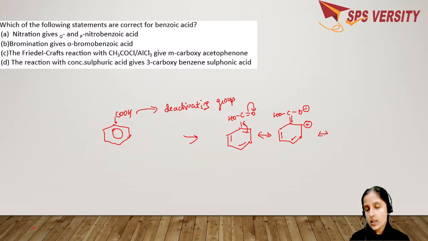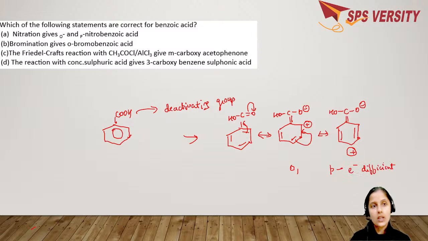And when you write the resonance structures of this, this will shift over here and you're going to get a positive charge here. This is a ring deactivating group. So the ortho and para positions are electron deficient now because they have a positive charge.